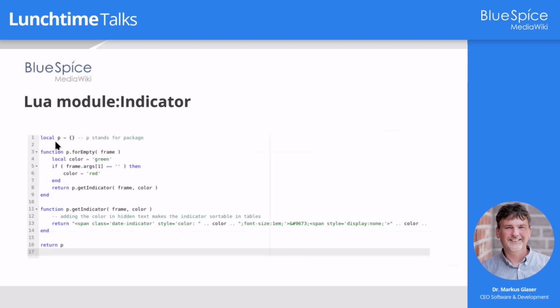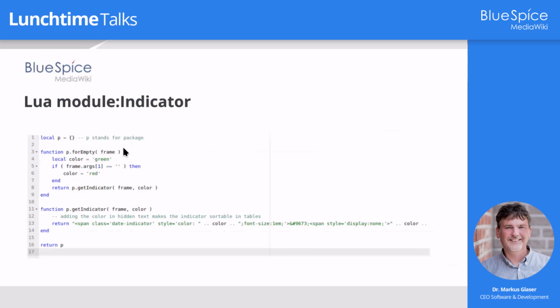So basically, from a wiki editor perspective, there's a little bit of overhead which you don't really need to understand. But basically, we have this module indicator, which we referenced in our page. And then we have a method for empty. You could call that anything, so I call it for empty.